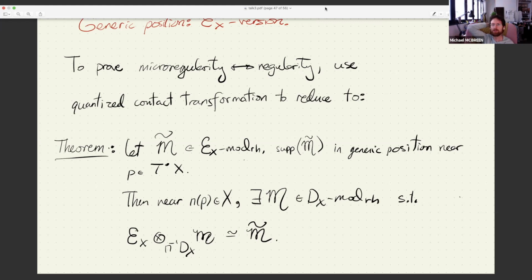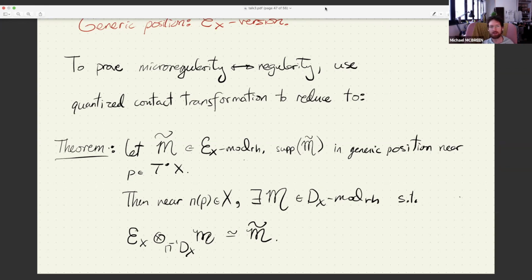In this situation, you have the same theorem as for microlocal sheaves in the constructible setting, namely your E_X module actually comes from a D_X module on the base, which also has regular singularities.